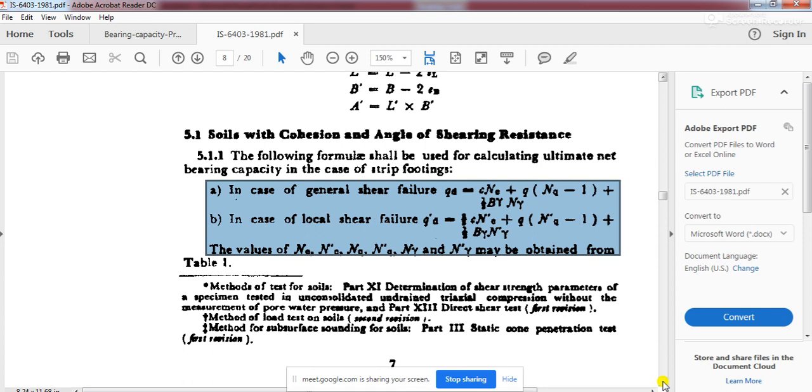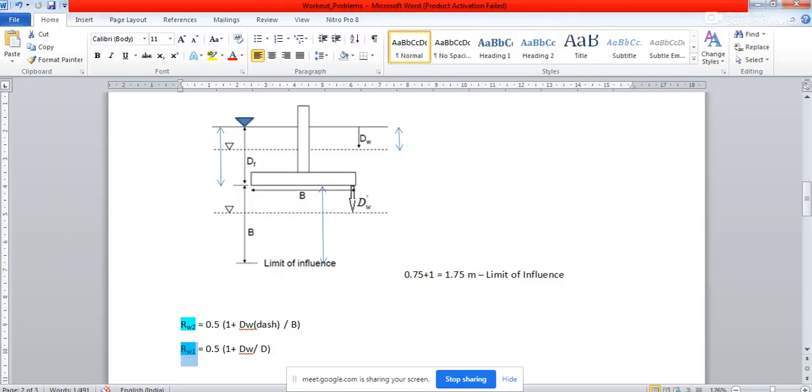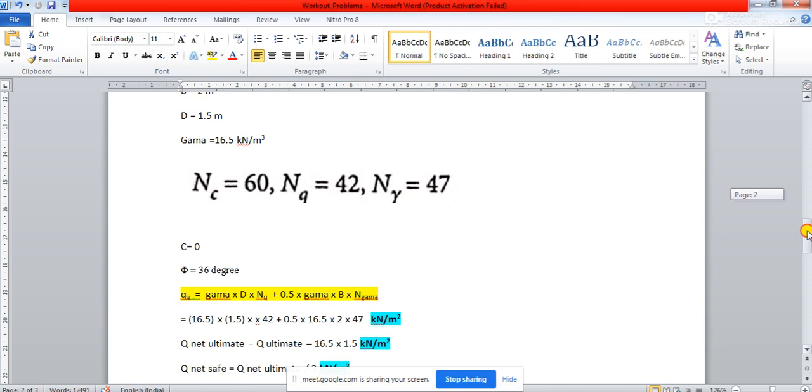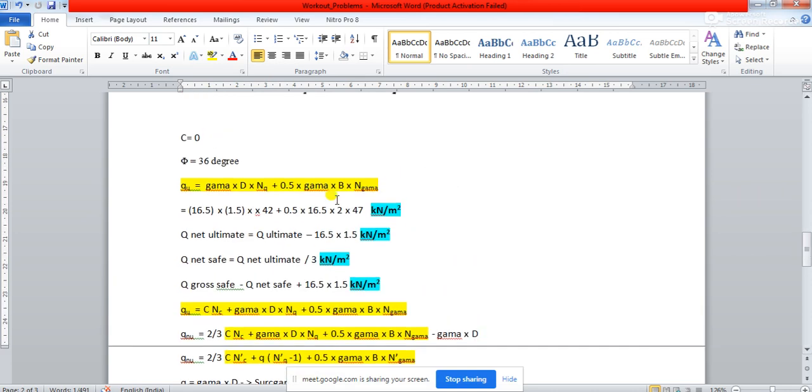So what is Terzaghi's formula? Terzaghi's bearing capacity formula is for ultimate bearing capacity, considering the general shear failure, and it is given for strip footing. Yesterday I have explained it.